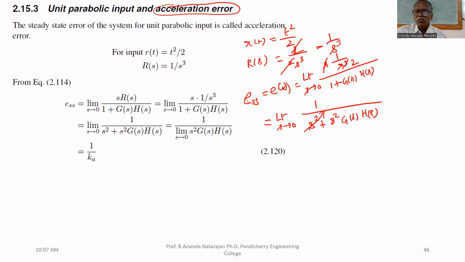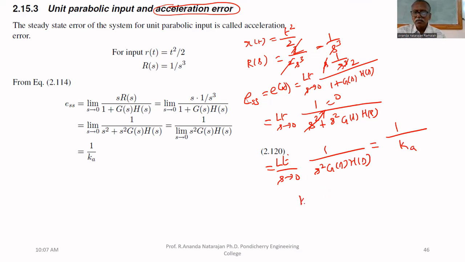The first term becomes 0. Therefore, limit s tends to 0, 1 upon s square g of s h of s. That is equal to 1 upon Ka, that is the acceleration error constant, where Ka equal to limit s tends to 0, s square g of s h of s.